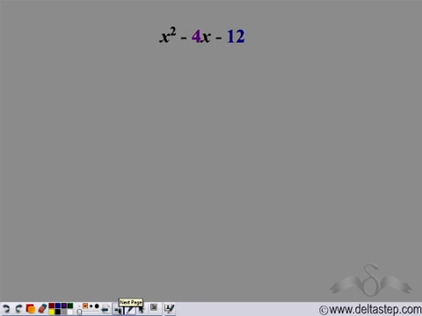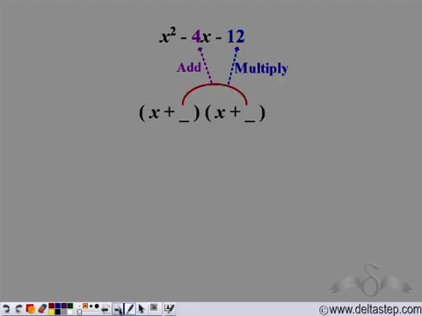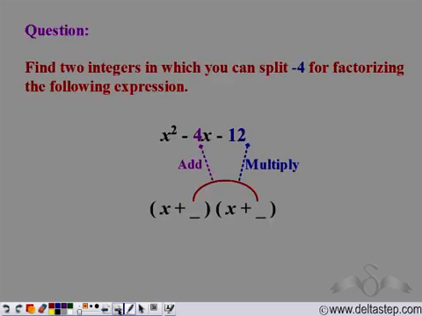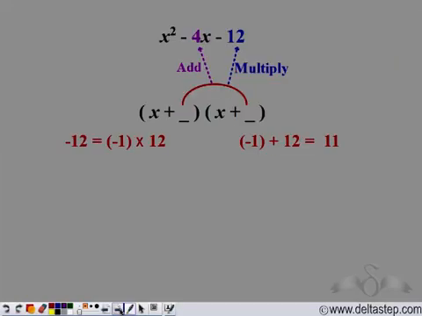So let us try and understand it with the help of an example. We have x squared minus 4x minus 12. So the middle term is negative and so is the last term. Once again, we find two numbers which add up to negative 4 and whose product is negative 12. Can you try and find those numbers? Now let us consider the different factors of negative 12.